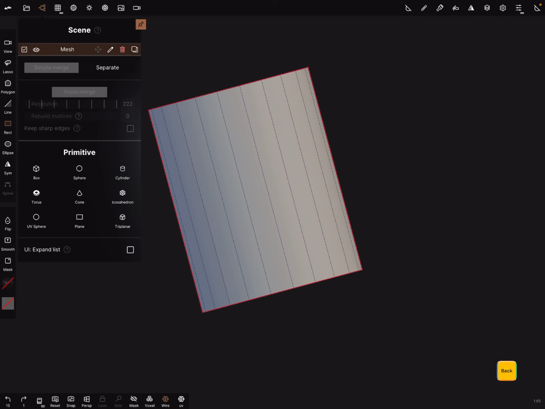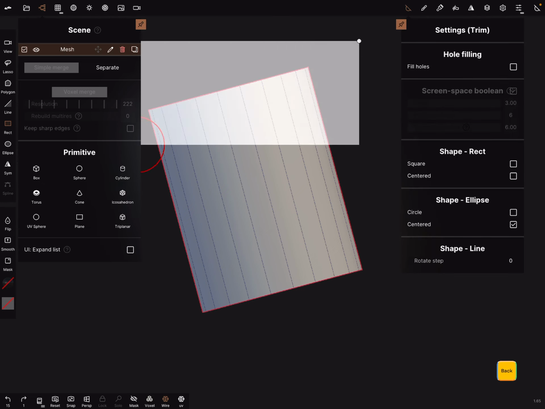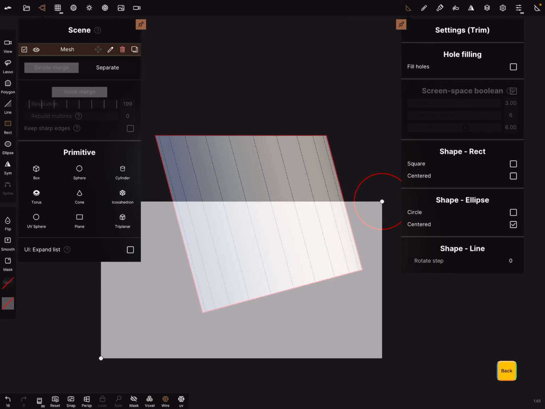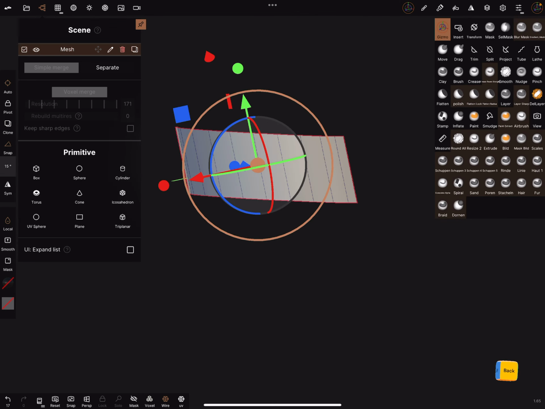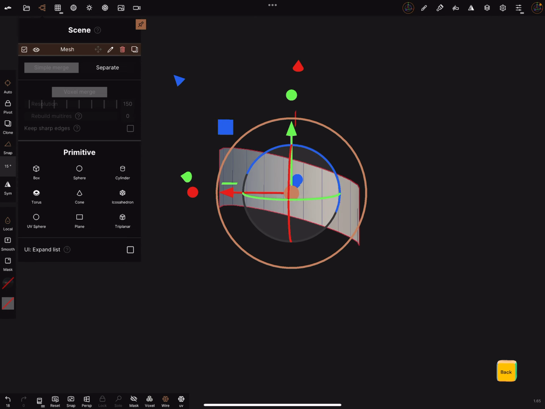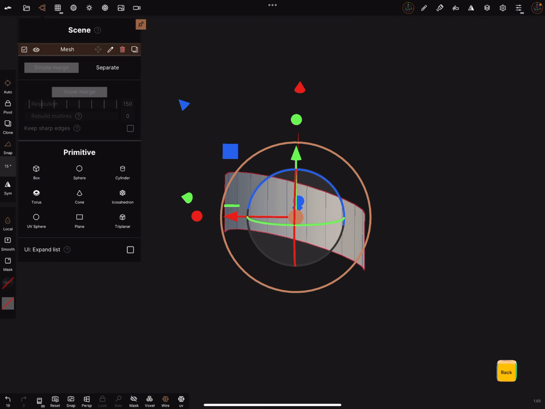Hole filling is on, sorry. Hole filling off. And yes, like this. Gizmo back to the normal. And I think move origin is good.